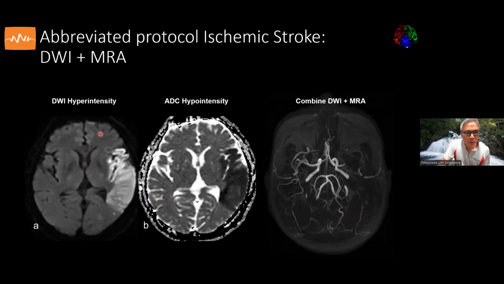So to recap, in a diffusion-weighted image, DWI, high signal intensity in the infarction is usually mirrored by low signal intensity in the ADC. And in our department, we combine the imaging of the brain with an angiographic imaging that will help us to build a coherent picture of what we are dealing with in terms of ischemic stroke.